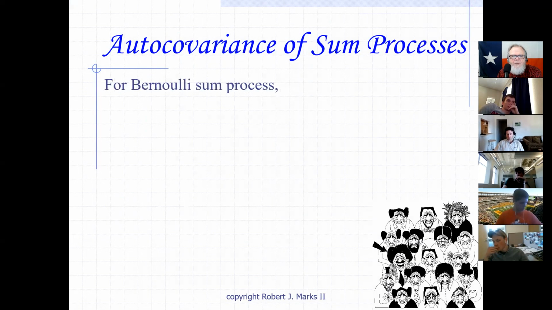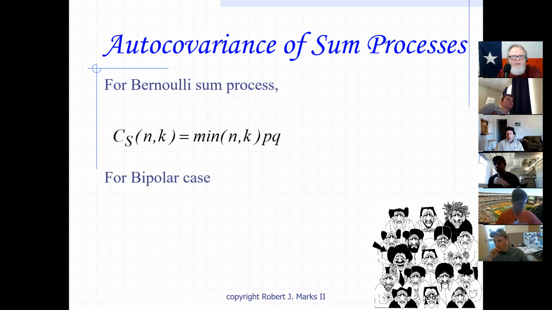Okay, so let's look at a specific case. We've looked at the general case. Let's look at a Bernoulli sum process. For a Bernoulli process, it's the variance of a Bernoulli trial. Do you remember the variance of a Bernoulli trial? The mean of a Bernoulli trial is equal to p, isn't it?